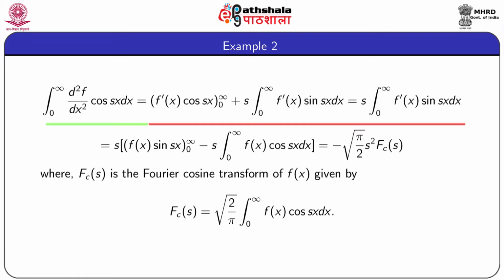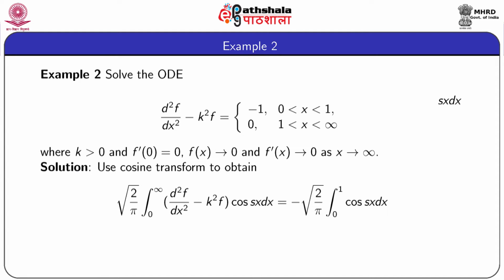We integrate by parts, which gives f dash(x) into cos(sx) between x equal to 0 and infinity plus s integral 0 to infinity f dash(x) sin(sx) dx. Now, the boundary condition given is that f dash(x) tends to 0 as x tends to infinity.